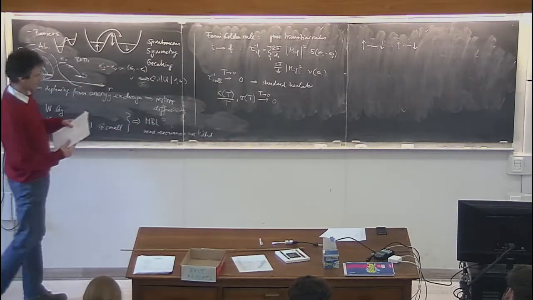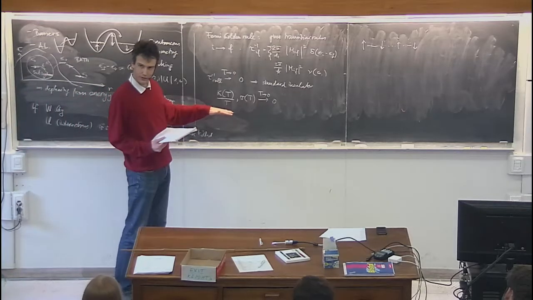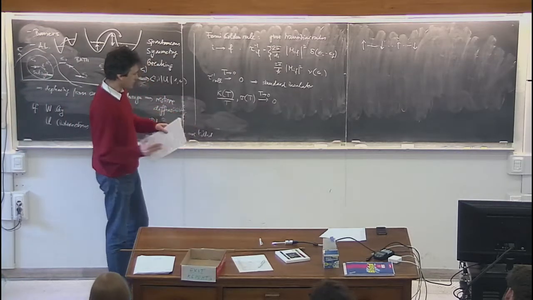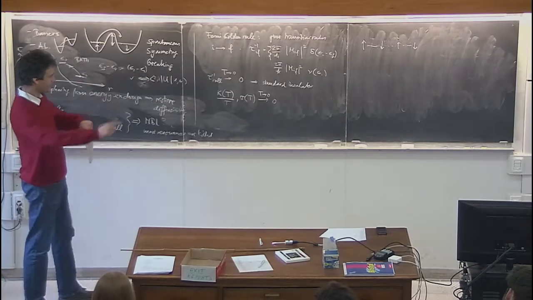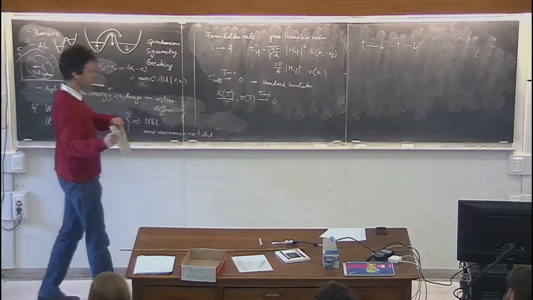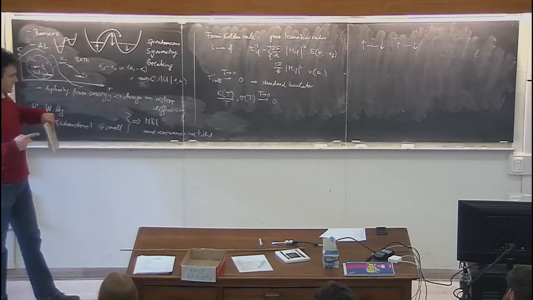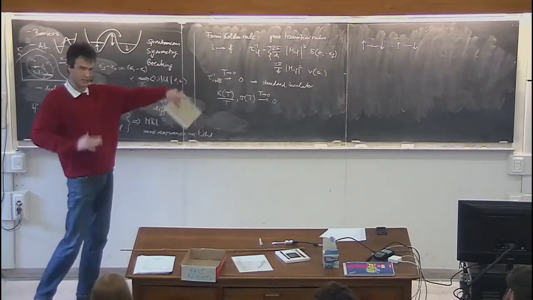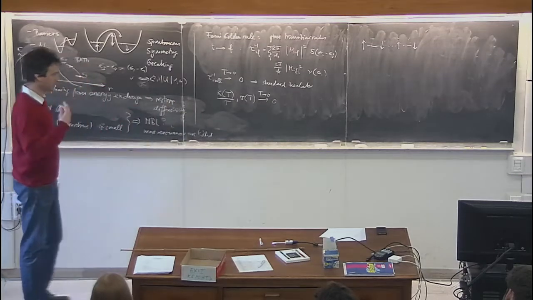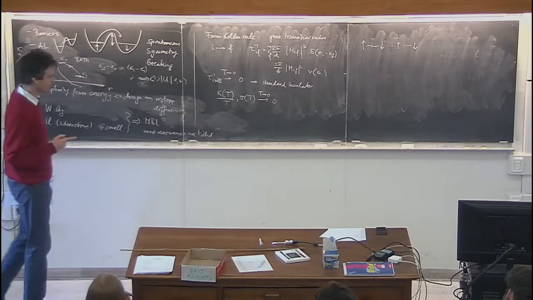So if you have an Anderson insulator, even with phonons, the phonons can help you make transitions between localized states. You take a phonon, you take its energy, and you promote your localized state from here to there because you can bridge this energy. There's a certain matrix element for that.